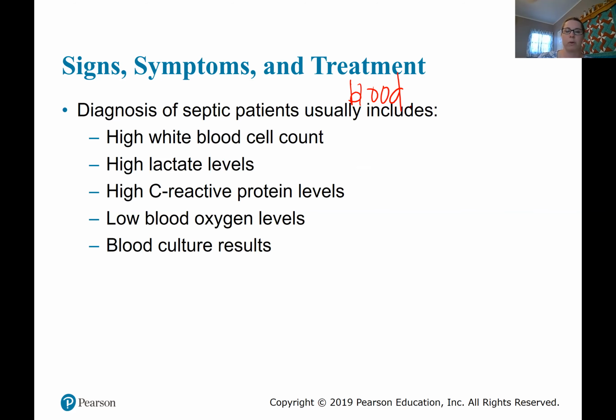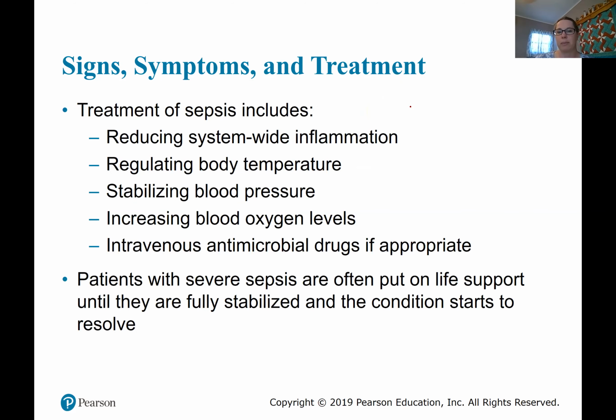And so treatment would include anti-inflammatory medications, getting the body temperature back to where it should be, getting blood pressure and oxygen levels where they should be, and then if appropriate, using antimicrobials.